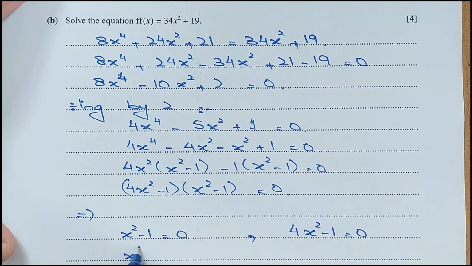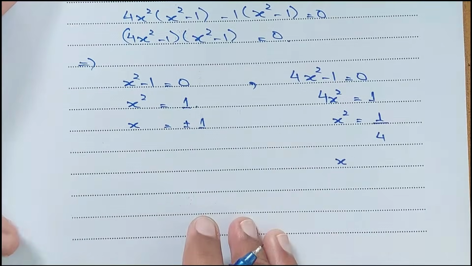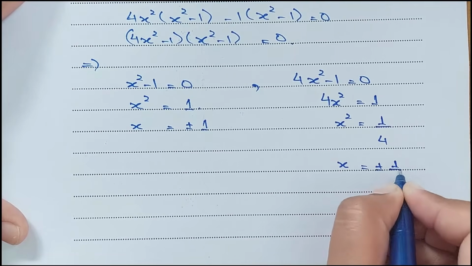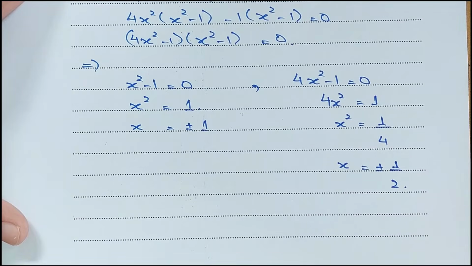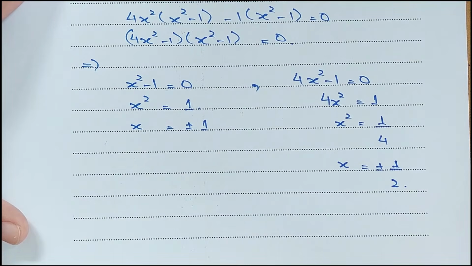So from here, x squared would be equal to 1, and x would be equal to plus minus 1. And here we have 4x squared is 1, and x squared is 1 by 4. And what is x? The x value would be equal to plus minus 1 by 2. Right, plus minus 1 by 2 and plus minus 1 are the solutions.